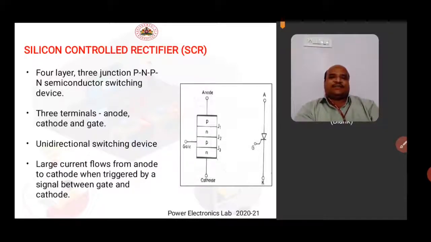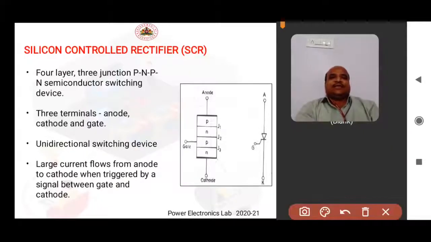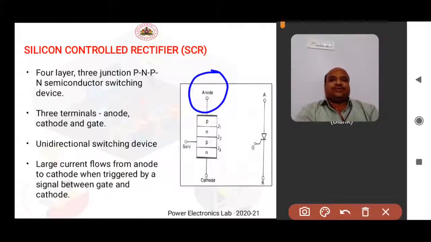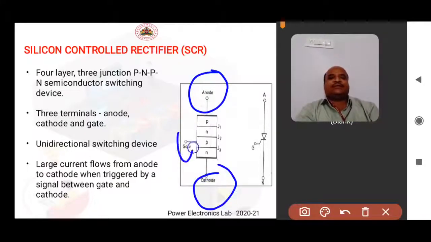SCR is a 4-layer, 3-terminal, 3-junction PN semiconductor device. It has 3 terminals, namely the anode, cathode, and the third one is the gate, which is connected to the inner P layer.